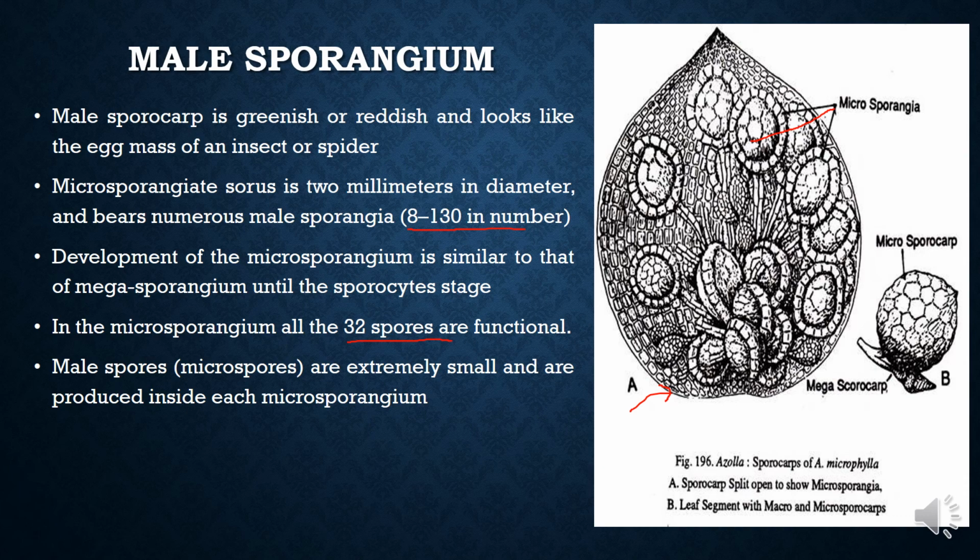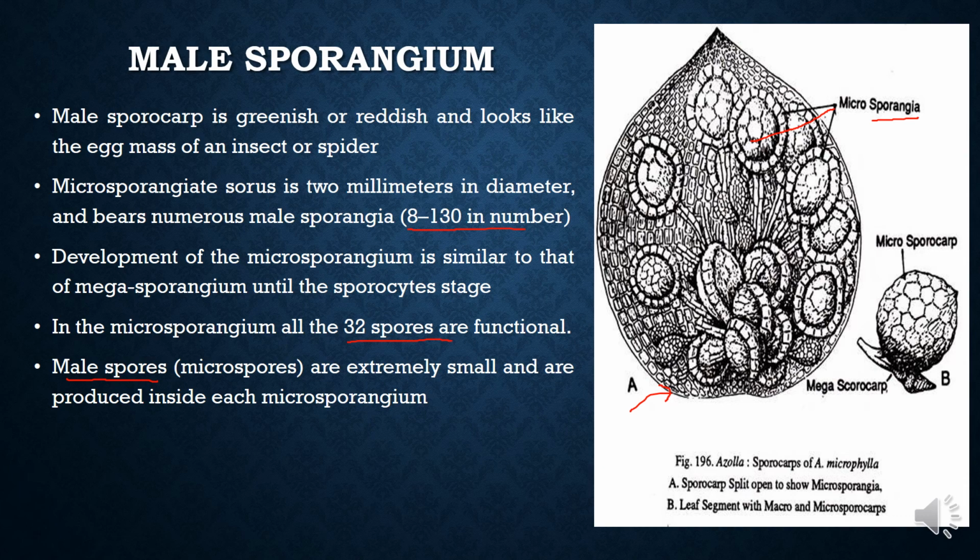The male spores are much smaller in size than the megaspore or female spore. When both the male and female spores are mature enough, the microsporangial wall and the megasporangial wall dehisce, and the mass of microspores is liberated together.